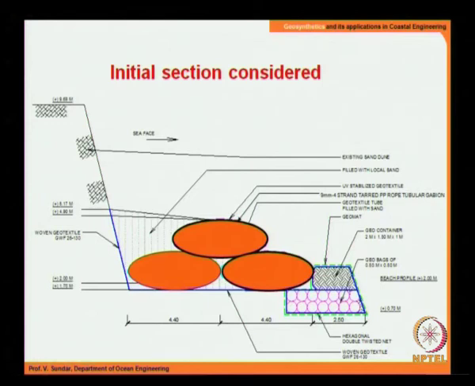Even today there is not much problem with the quality of the geosynthetic material, although it is around, I would say, 5 years. Once these tubes are laid, you have the filling that was suggested here, that is natural rock, so that the aesthetic point is preserved.